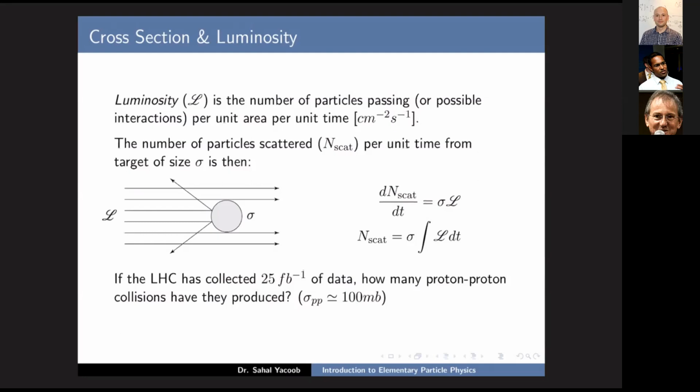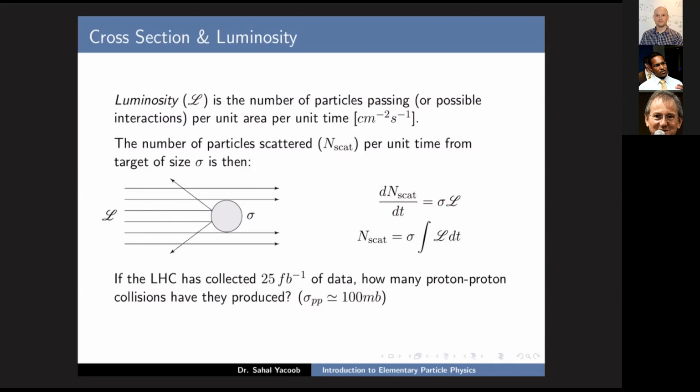And if you remember, the cross section was in units of area. So if we take our units of area and multiply them by our units of inverse area, inverse time, we get the number of interactions of a particular type per unit time.